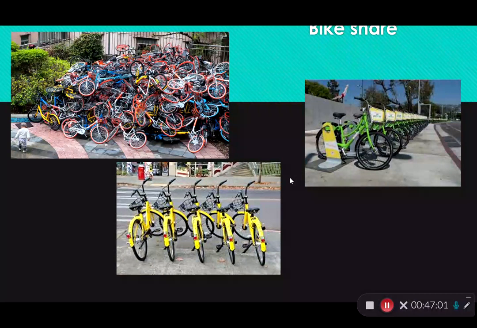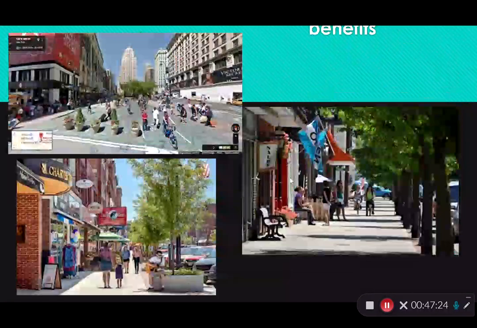And because the trips are short enough, you're not going to get hot and sweaty, and it's not going to be an issue. So the more we can make these options available, the more we can take cars off the road for those very short trips, and the less congestion we get from people looking for parking spaces and so forth. So certainly a benefit as we're seeing more cities adopt bike shares.